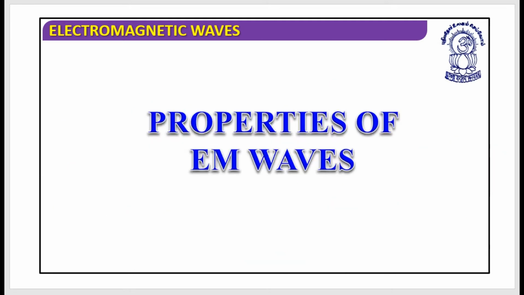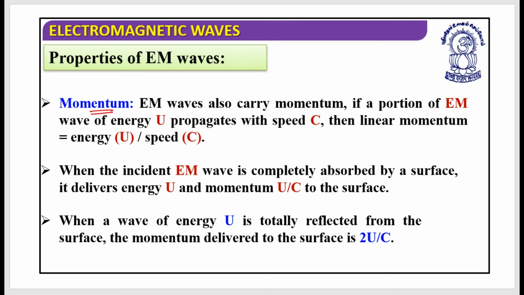Great. Now let's discuss certain properties of EM waves. First, we are going to discuss momentum, because when we say it's a wave, it must transfer energy as well as momentum from one place to another. So we can say an electromagnetic wave also carries momentum.